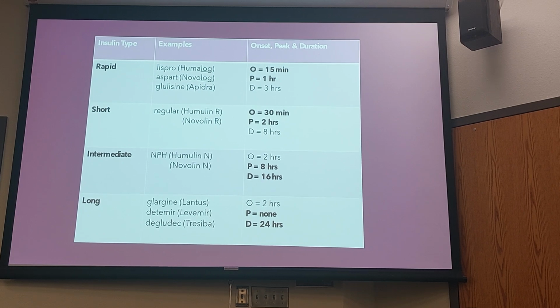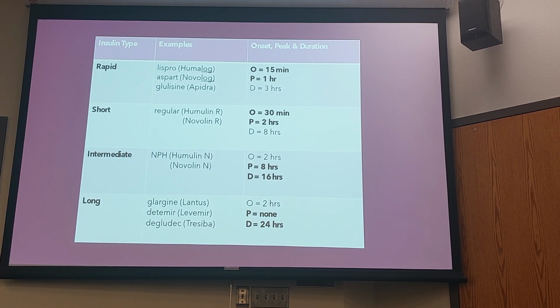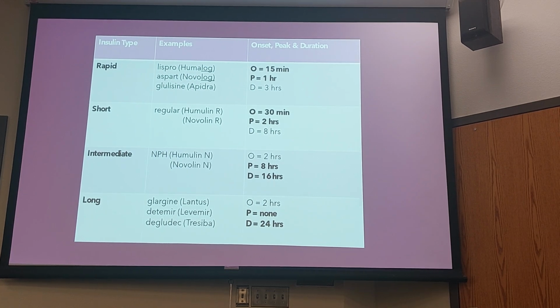Why is that important? You guys given Lispro before or Humalog? Yeah, probably clinical. That's a really popular one. Rapid acting. When are you giving it? Right before meals. Right? Rapid onset. So we don't want to give it too long before. We don't want to give you the Lispro or the Humalog, and then they don't eat anything for like 30 minutes to an hour.